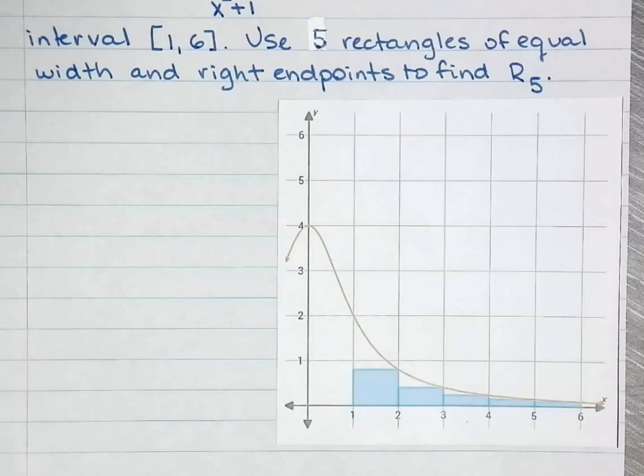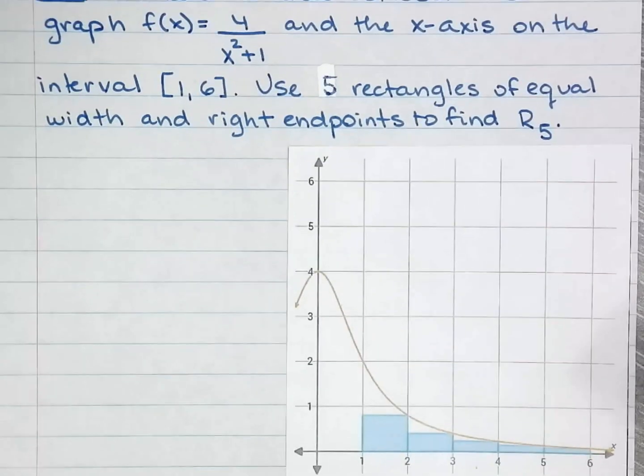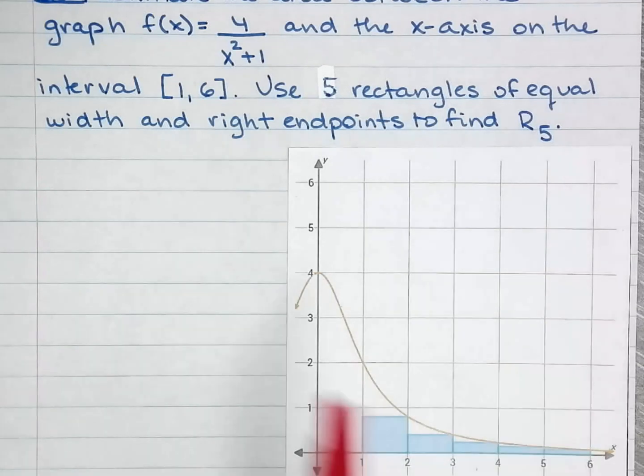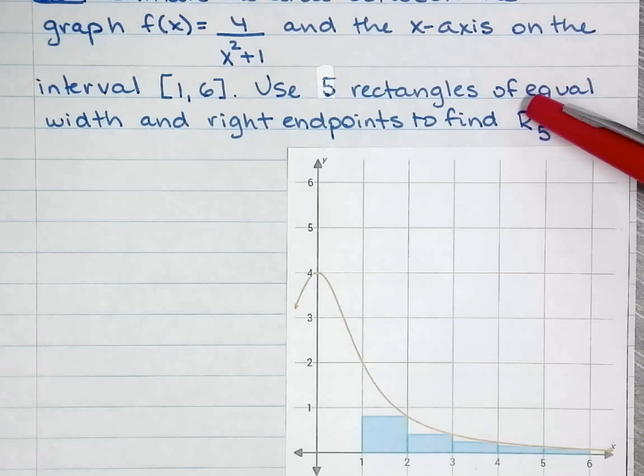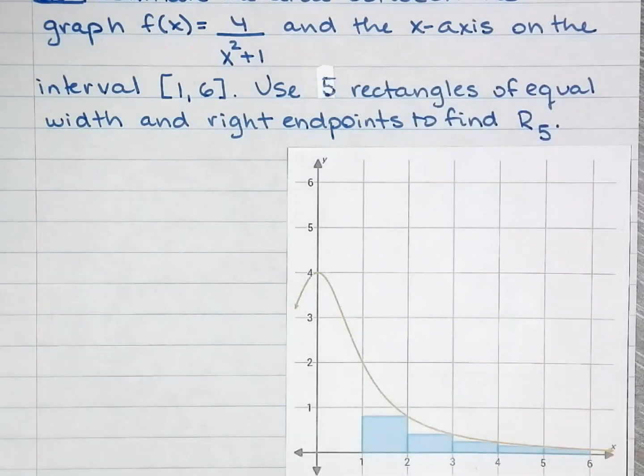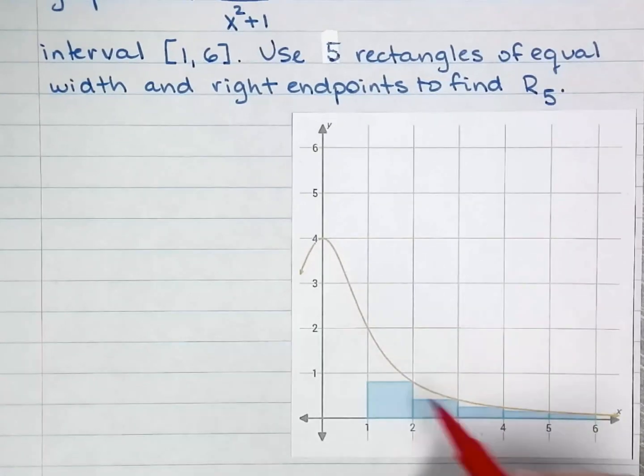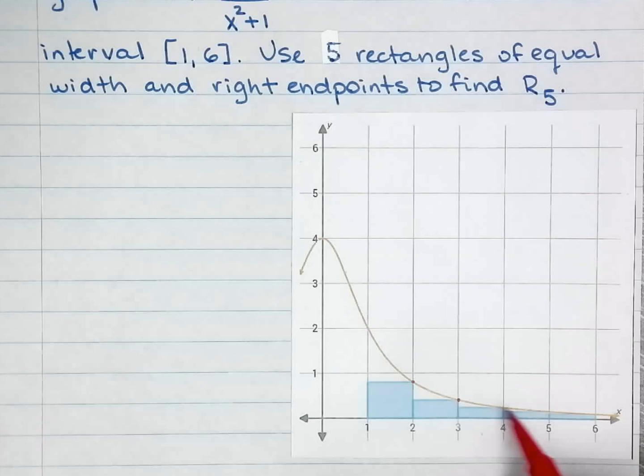Now we're going to use 5 rectangles of equal width and right endpoints. That's what R5 means: R for right endpoints, and 5, that's the number of rectangles. So we're looking at these points right there.